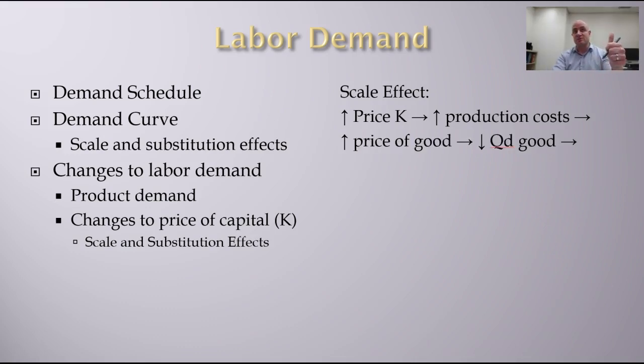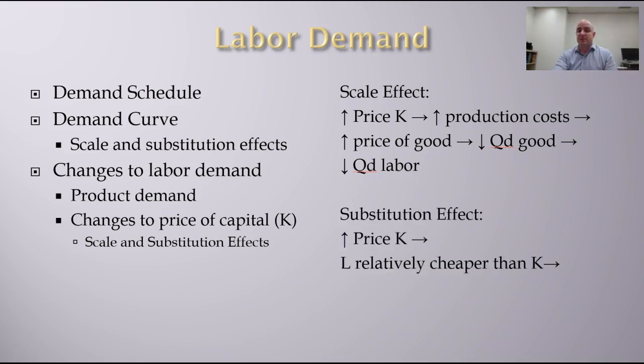So the price of the good goes up, and the quantity demanded goes down. If the quantity demanded of the good goes down, you're not going to need as much labor. That goes to the product demand as well. So the demand for labor goes down.